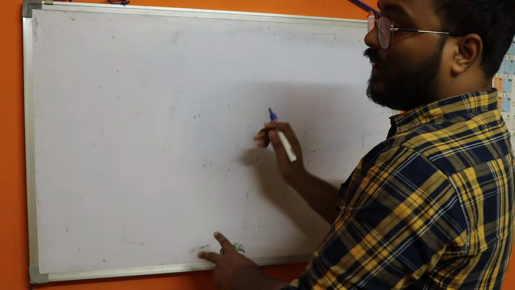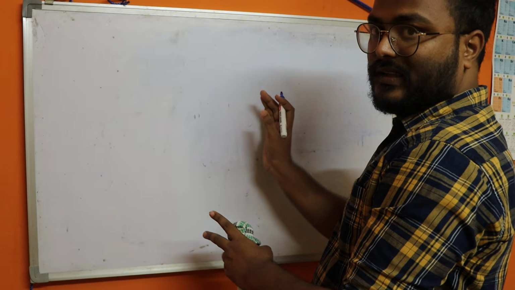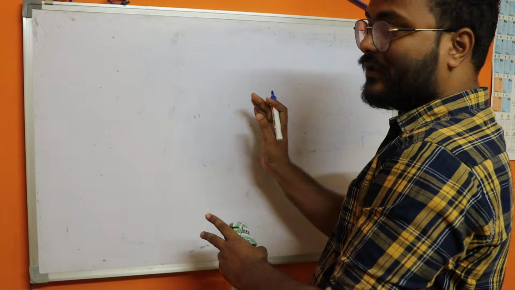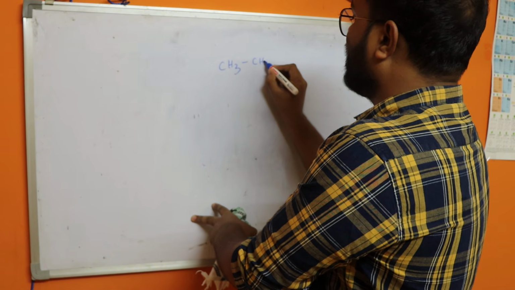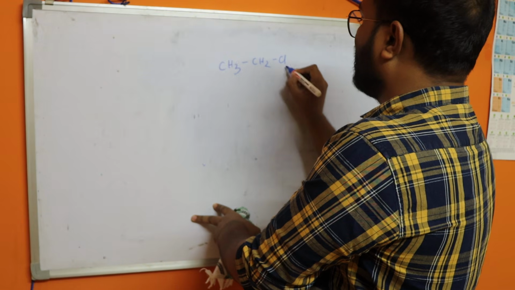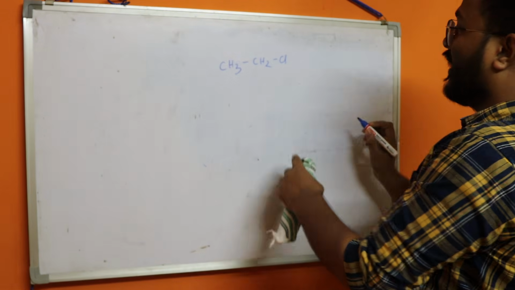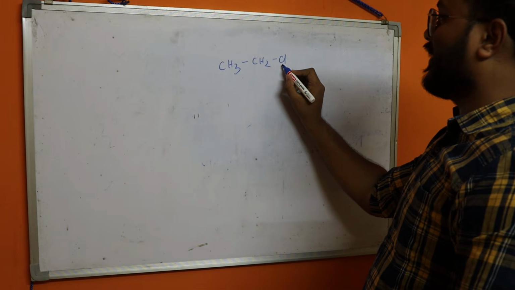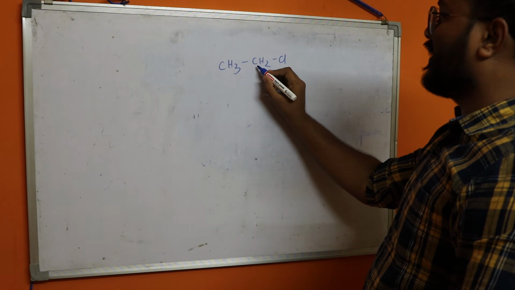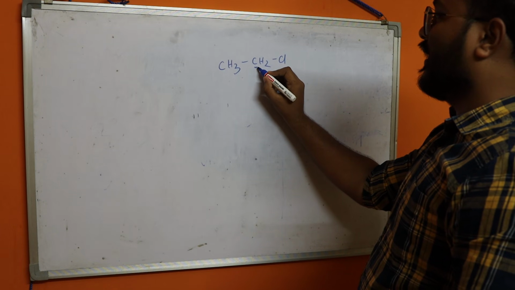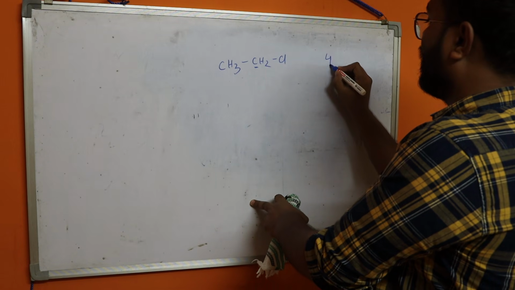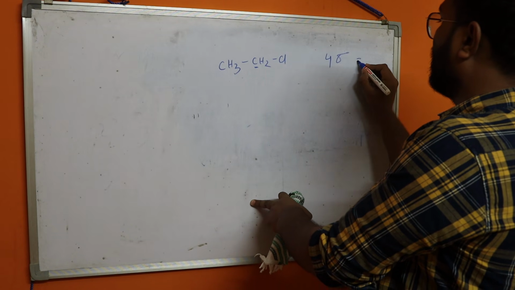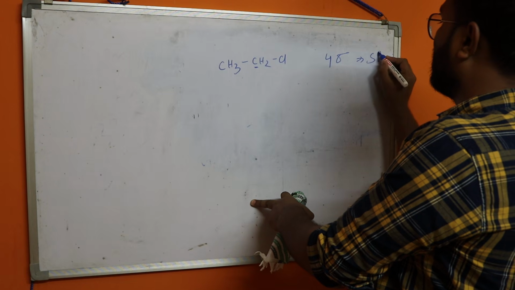Now we'll see sp3 haloalkanes, sp2 haloalkanes, right? sp3, we have already seen, CH3CH2Cl. So here, how will we understand whether this is an sp3 haloalkane or not? We have to check how many sigma bonds the host carbon has. If there are 4 sigma bonds, then it will be sp3.